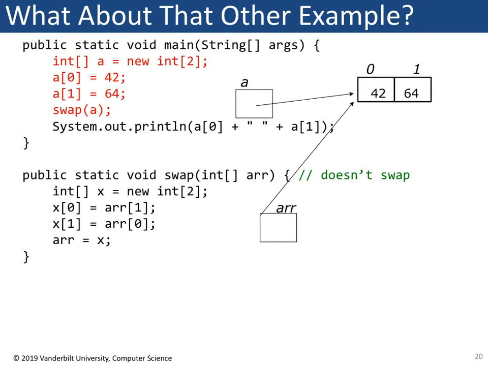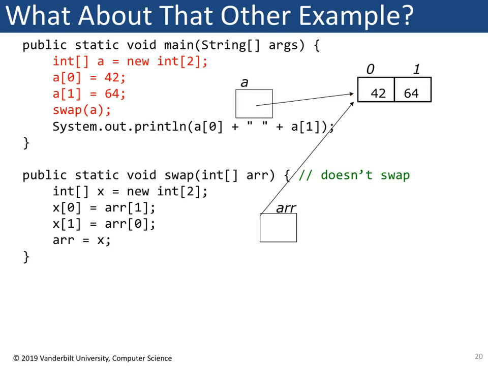So let's look at an illustration of how this code executes, this wrong code that does not correctly swap the values so that the original object is changed. The red shows the statements which have already been executed. So up to this point we have created the integer array object called A and given it a location in memory. So we are pointing at this object.